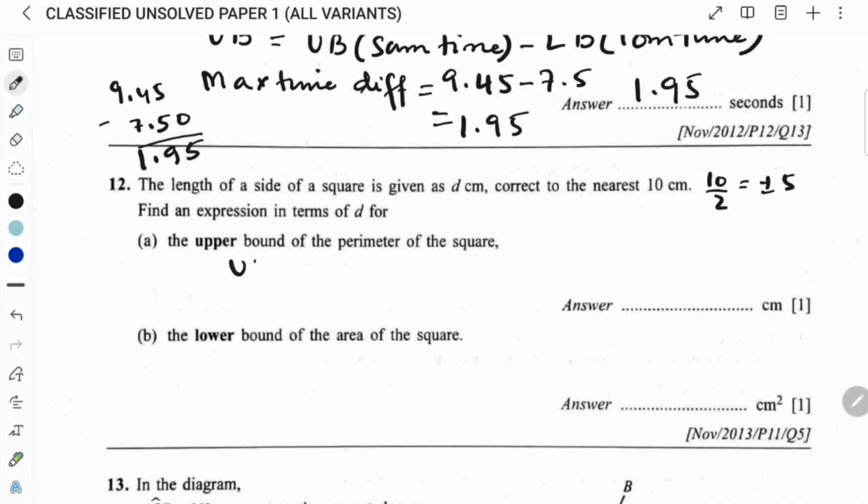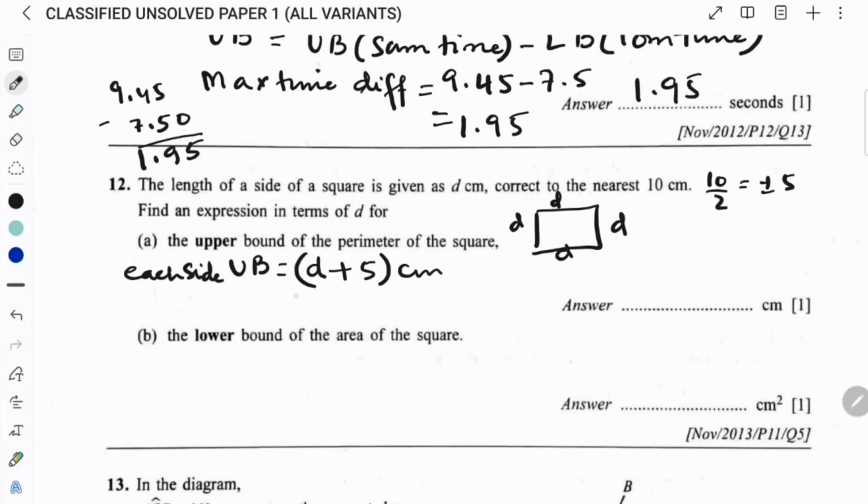The square has sides d, d, d and d, so 4 times d, but with d plus 5, because the upper bound for each side is d plus 5 centimeters. So the upper bound of the perimeter is 4 times d plus 5, which is 4d plus 20.